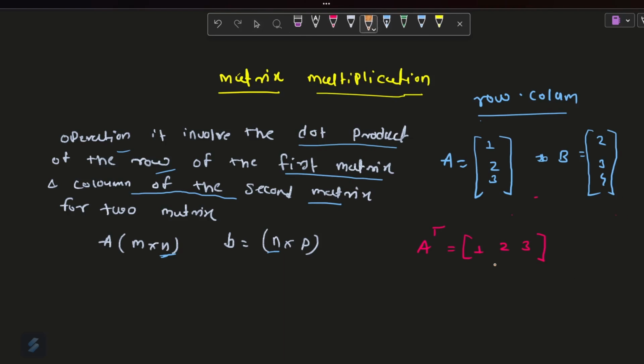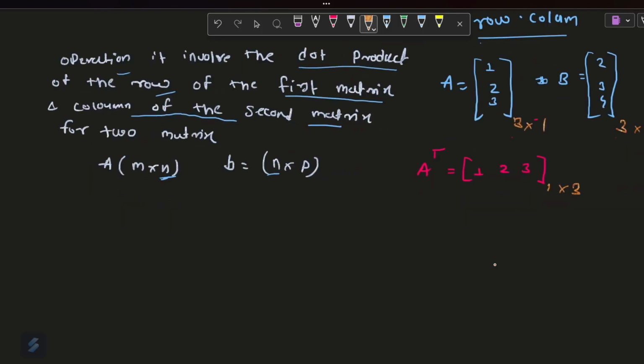This is a 3 by 1 matrix, and this is a 1 by 3 matrix, so we can calculate it easily.